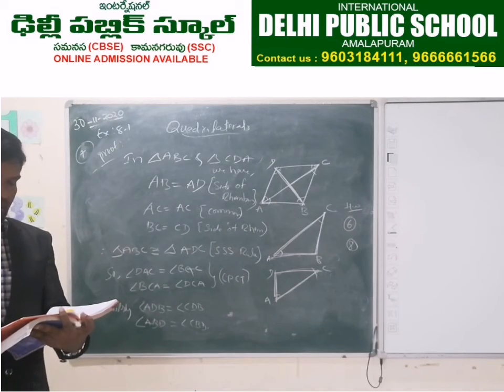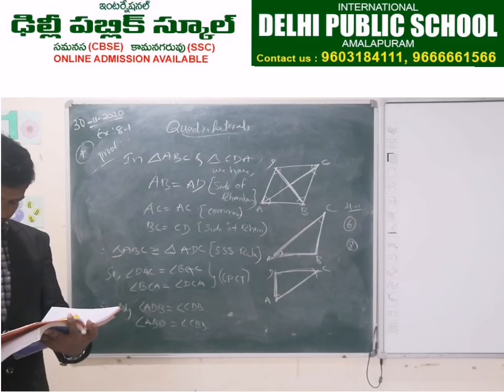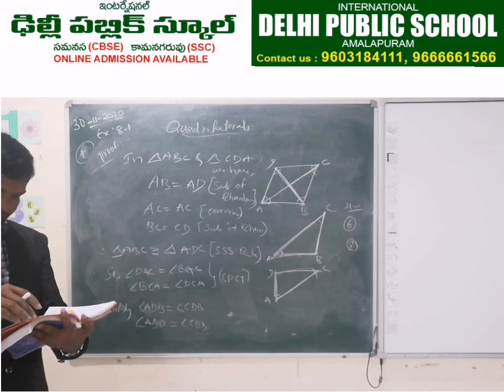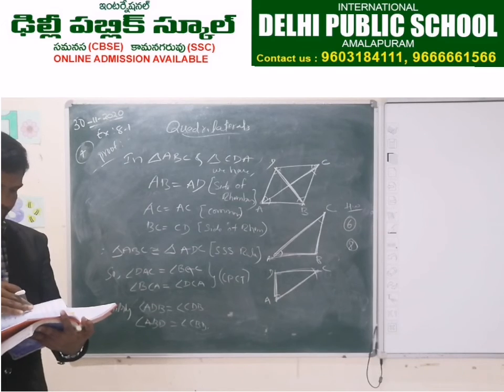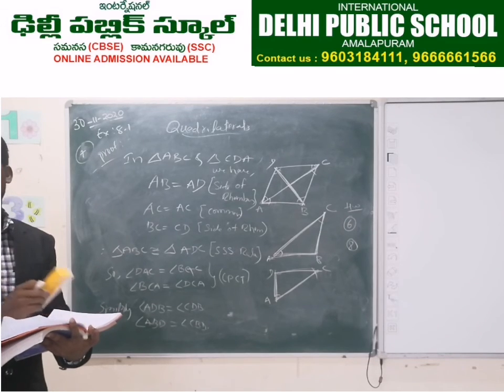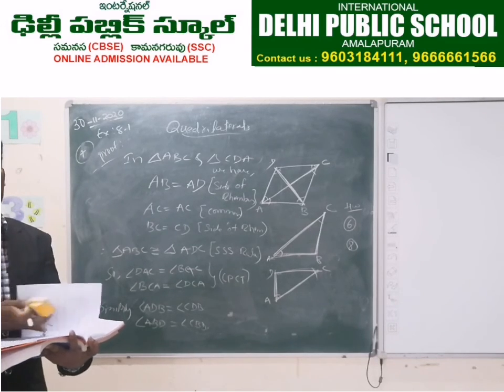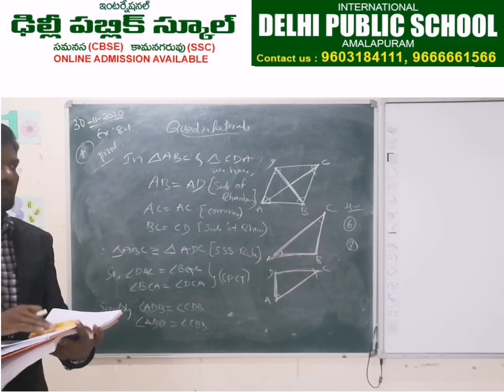Second condition: in that, diagonal BD bisects angle B as well as angle D. Okay, both the questions are very easy. How we have done, just use that one and do the answers.